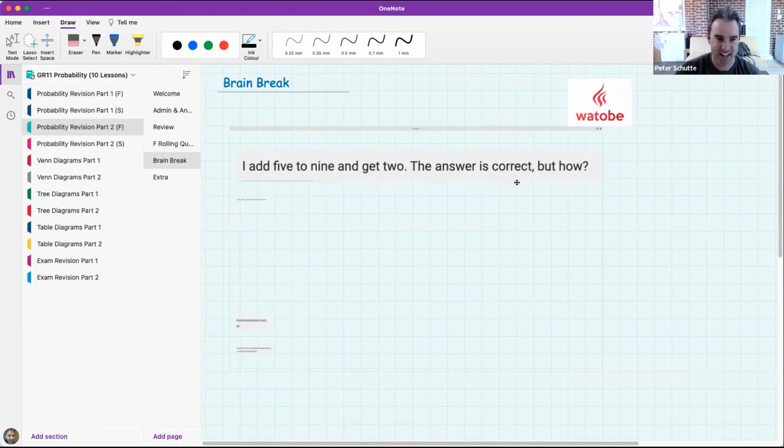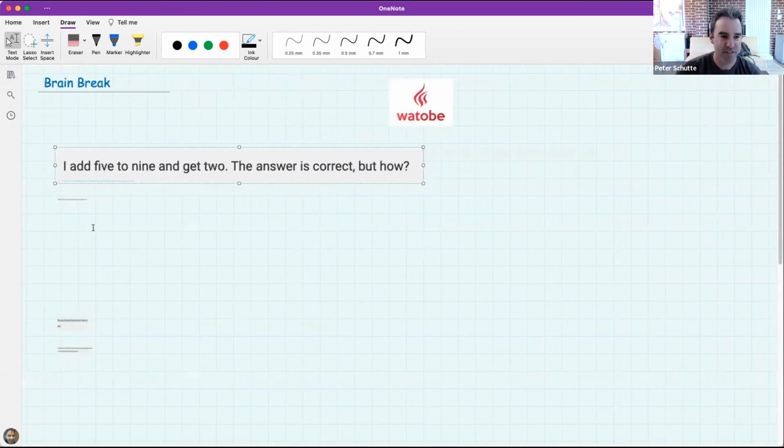Here is the brain break today. I add 5 to 9 and get 2. The answer is correct, but how? Rosario, what do you think?